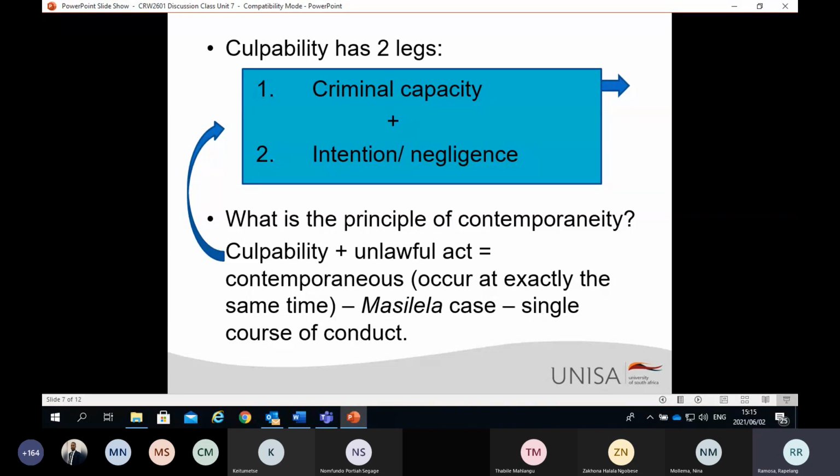In this case, X burgled Y's house, assaulted and beat Y up. At that time, he had the intention to kill Y, but did not succeed in killing Y because Y just became unconscious from the beating.